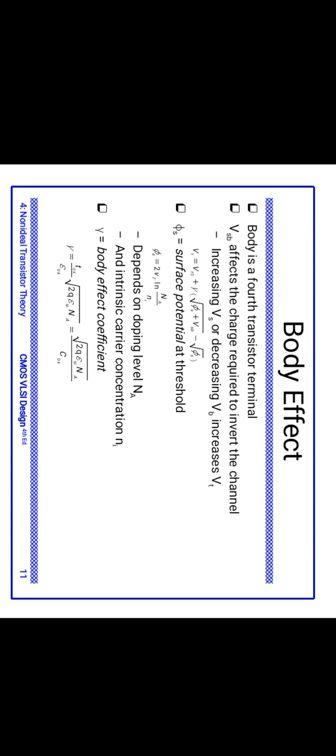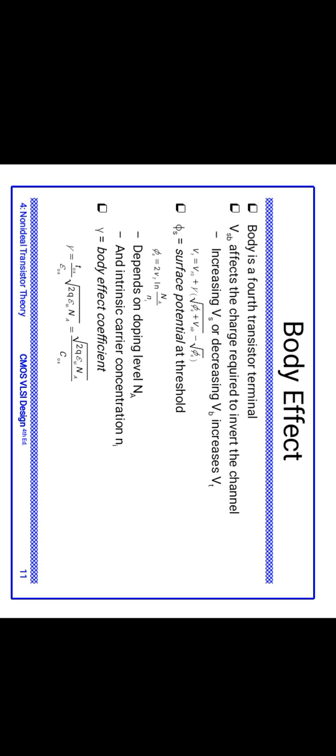VSB affects the charge required to invert the channel. That is, increasing Vs or decreasing Vb increases Vt. The equation for threshold voltage is Vt equal to Vt0 plus gamma into (root of (phi s plus VSB) minus root of phi s). Phi s is equal to the surface potential at threshold. Phi s is equal to 2vT ln Na by Ni.